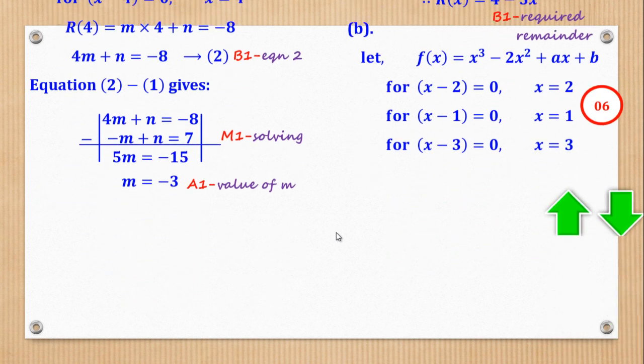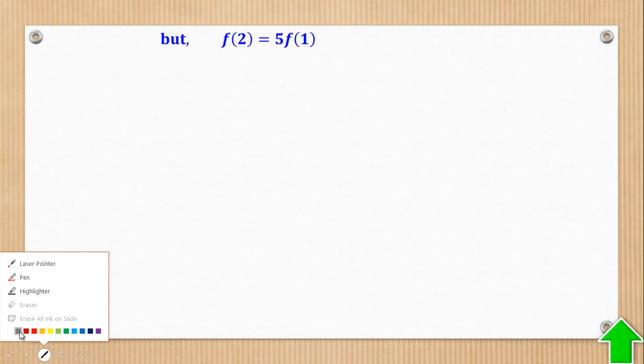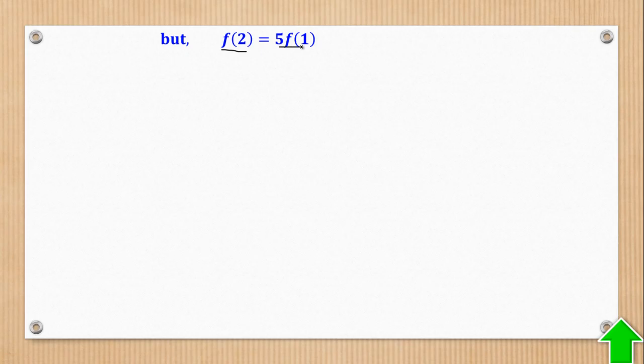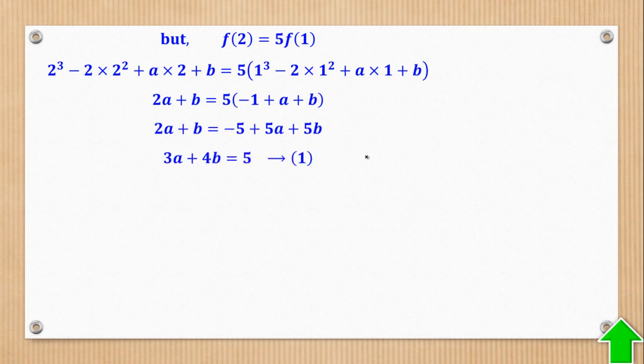So based on what they gave us, remainder when x is 2 is 5 times the remainder when x is 1, when divided by x minus 1. So I'll come and substitute to get f(2) equals 5 open brackets f(1). Simplify, you'll be able to get equation 1. Then go to the next condition. They said 12 less when divided by x minus 3.